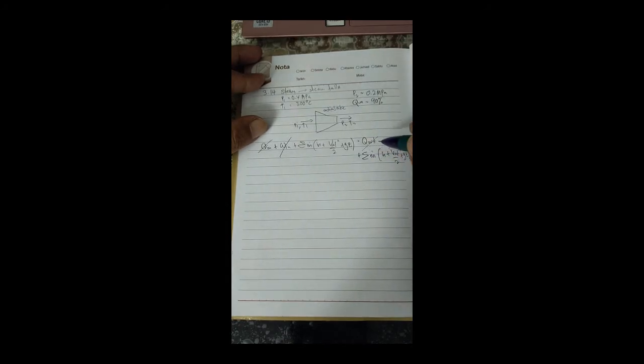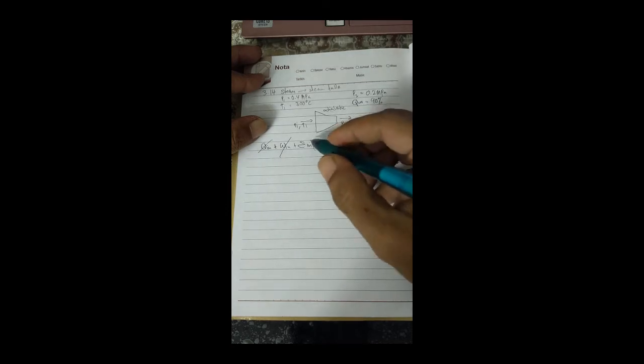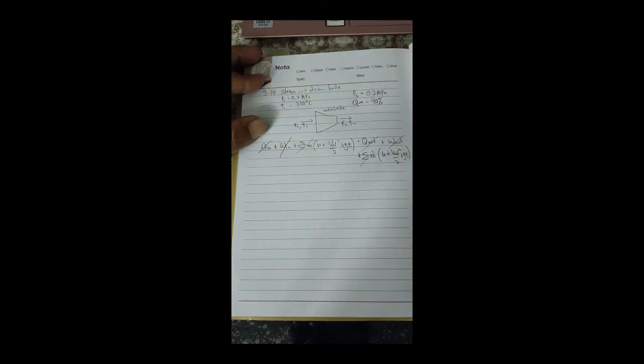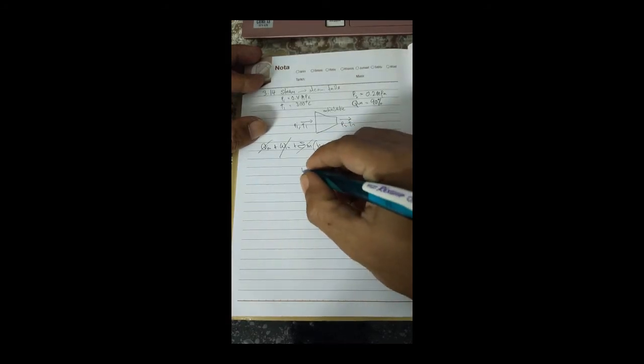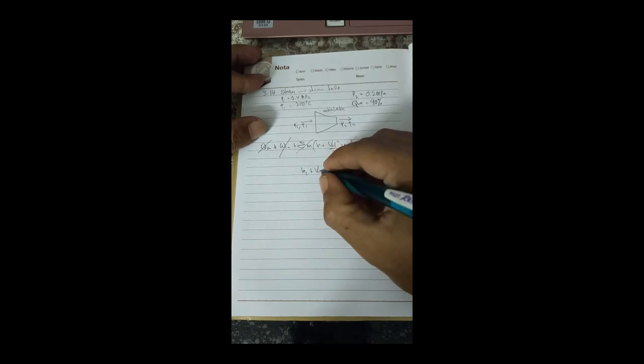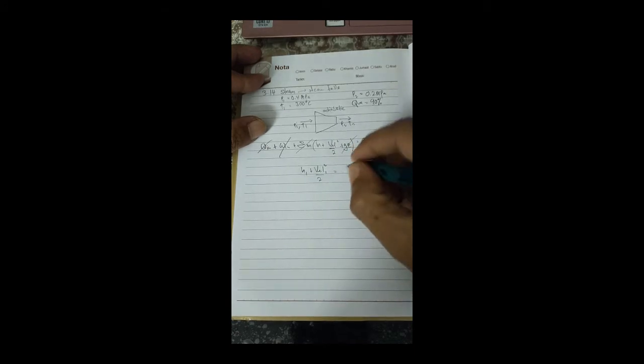We can also take out the same mass. Here we are also assuming there is no potential energy. So what is left is only h1 plus v1 squared over 2, equivalent to h2 plus v2 squared over 2.